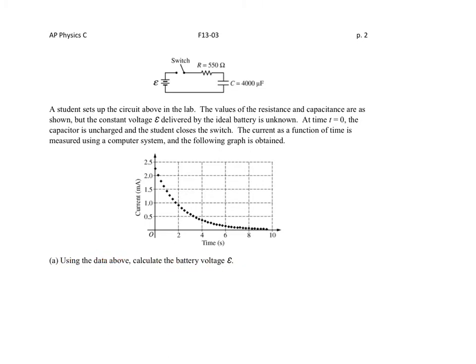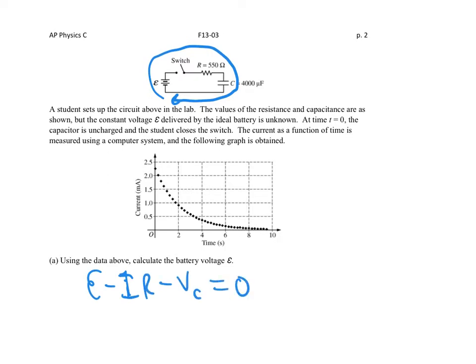So let's apply Kirchhoff's loop rule here, which tells us that the EMF minus the current through the resistor minus the voltage on the capacitor has to be 0. But at t equals 0, the voltage on the capacitor is 0 because it is initially uncharged.